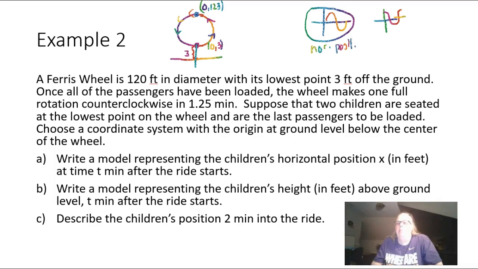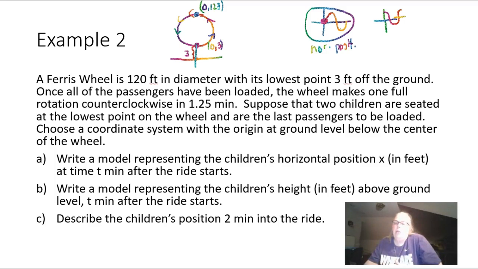And the reason it is best modeled by the sine function is because you can see they're starting at 0, and once they leave 0, they're heading into the positive direction until they get to the highest point, and then they're going to start going in the negative direction until they get to the lowest point, and then they're going to start moving back up toward the positive direction again. Whereas if we tried to use the cosine, we're still starting at 0, but they're going into the negatives first until they get to the lowest point and then go back to the positives. So we're actually going to use the sine function to describe the horizontal position.